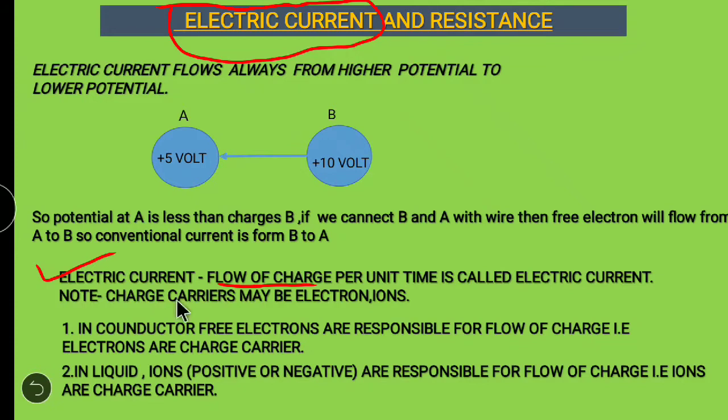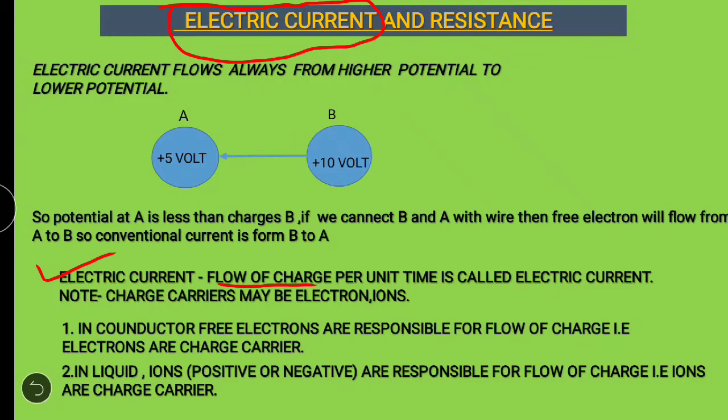Here I want to tell you that the motion of charge is the cause of the creation of electric current. So the charge may be electrons or ions. This depends on a case by case basis.